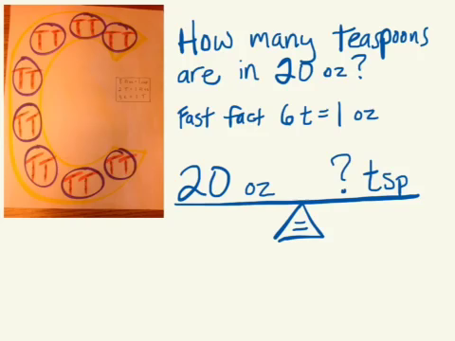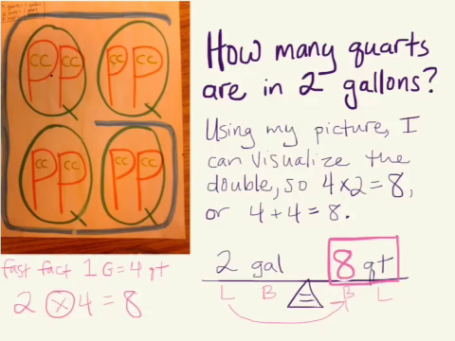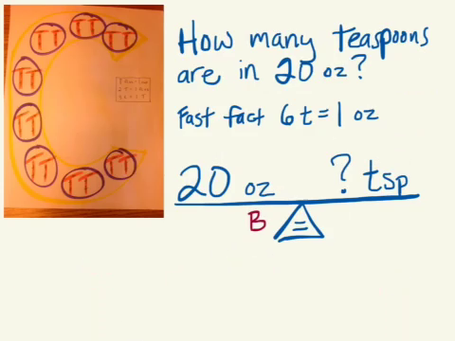All right, it's time to big little it. Ounces or teaspoons, which is bigger? Granted, neither is all that big in the first place, but ounces are the big unit and teaspoons are the little unit. And we know that because within an ounce, there are 6 teaspoons.